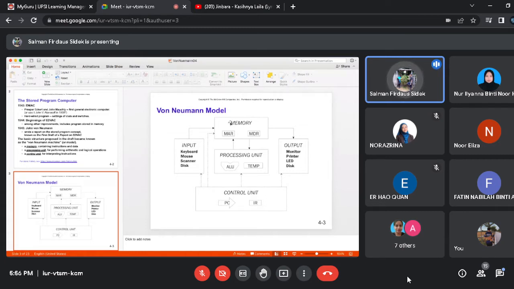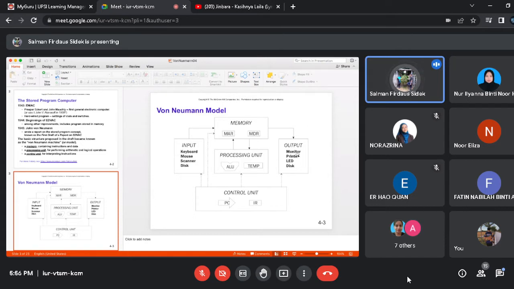The last component is the control unit. At the bottom of the model, you can see one component named the control unit, and the arrows that come out from it to other components are dashed, not solid. It means the control unit controls all four components on top of it.